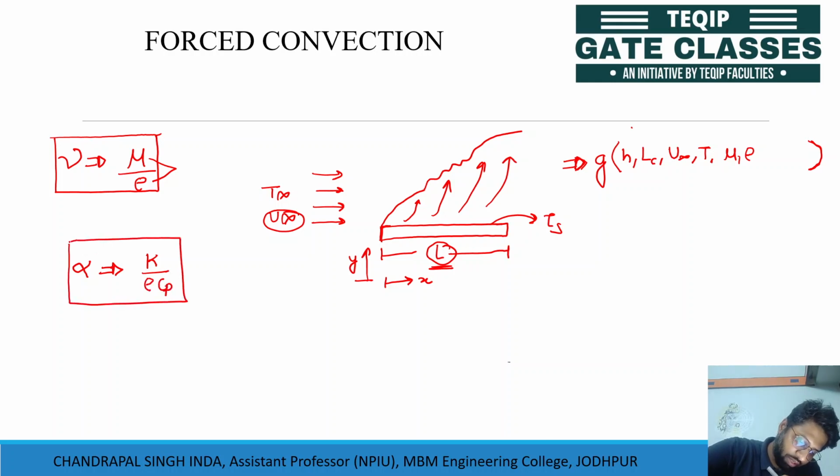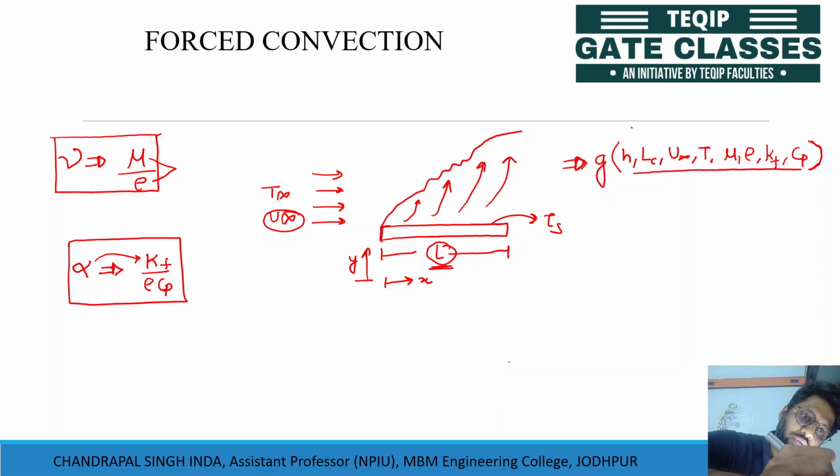This alpha is for the fluid, so this K is related to the fluid. So we will have Kf, and Cp is the specific heat of the fluid. So in forced convection we have these physical quantities.